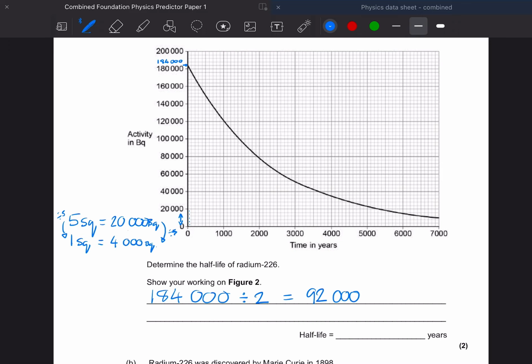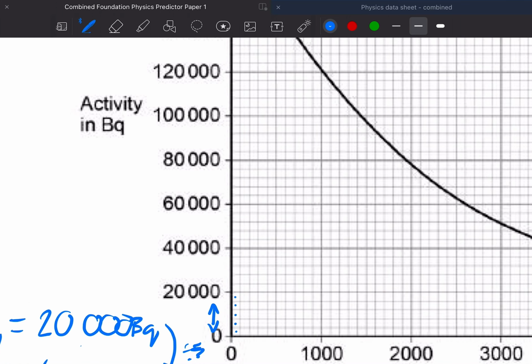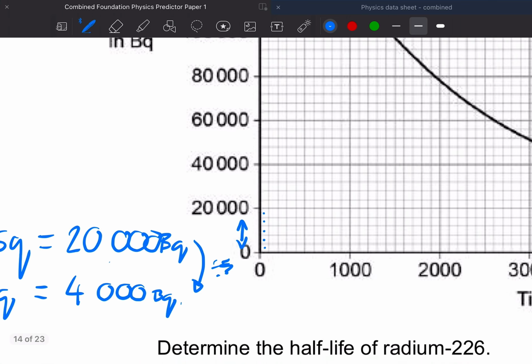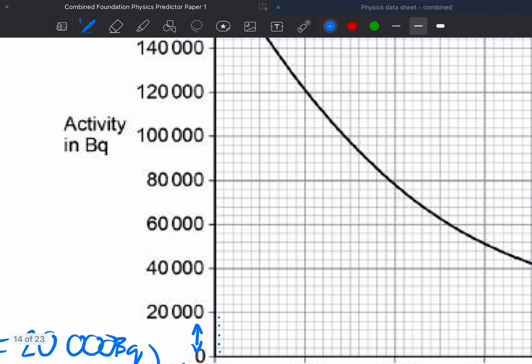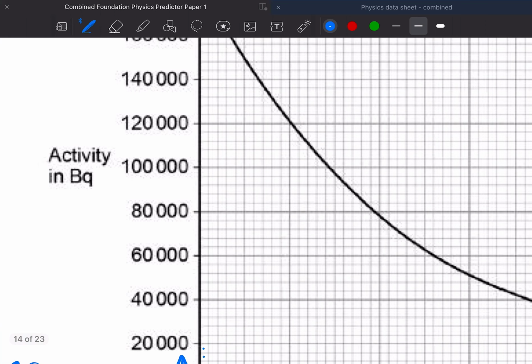So we will have our first half-life when our reading is down to 92,000. What we need to do in our graph is find 92,000. We know that each square is worth 4,000. So we go to our closest ones, we've got 80,000, so that's 84,000, 88,000, 92,000. So 92,000 is this square here.